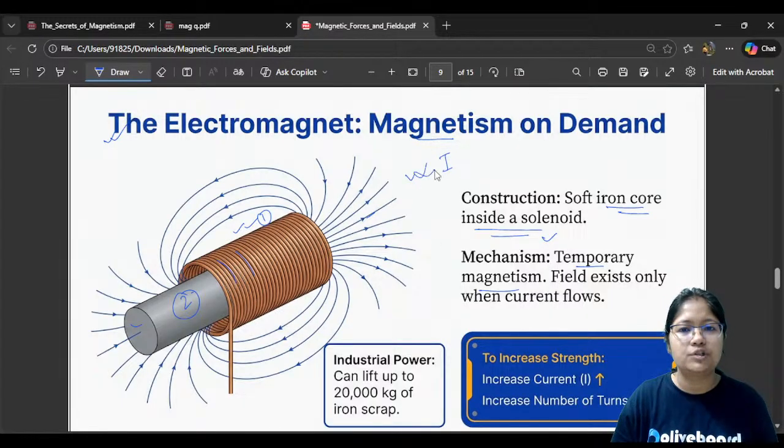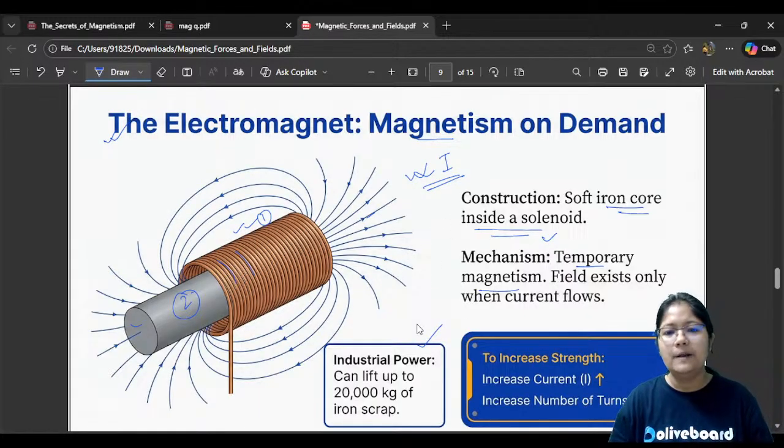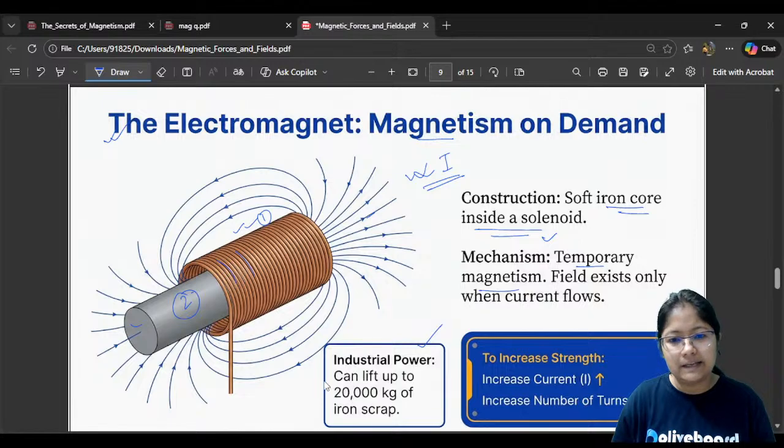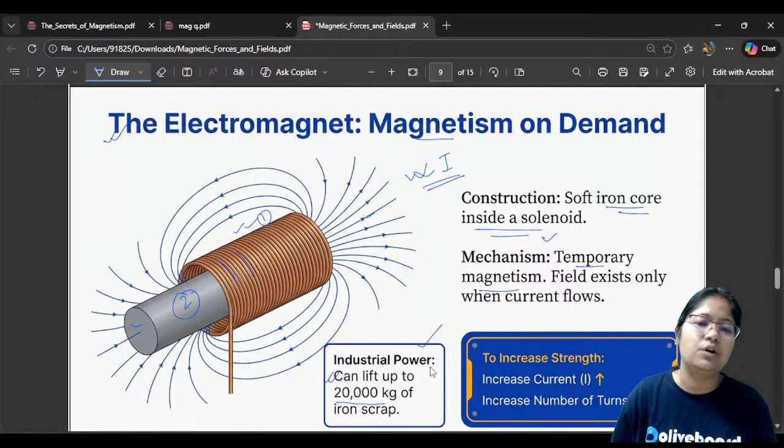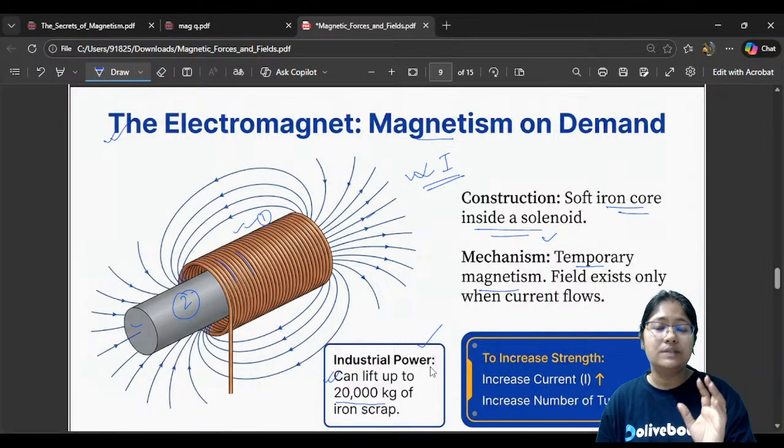It is directly proportional to the current. So if you are using a high current and the required material, then in industrial power they can lift up to 20,000 kg of iron scrap. 20,000 kg of iron scrap can be lifted.